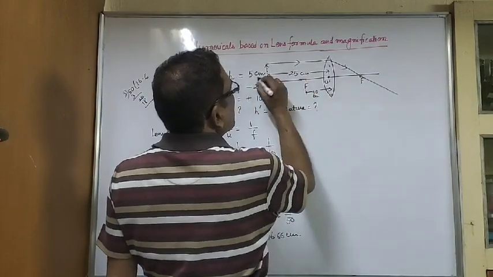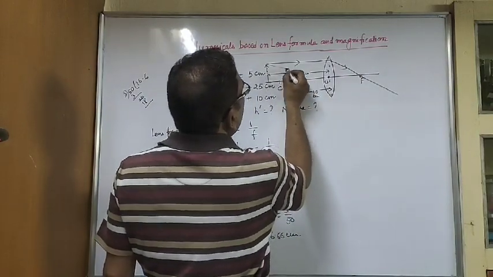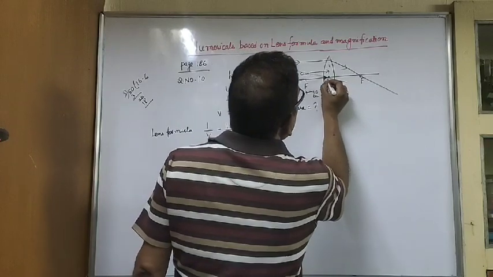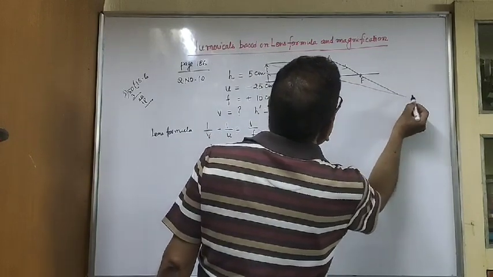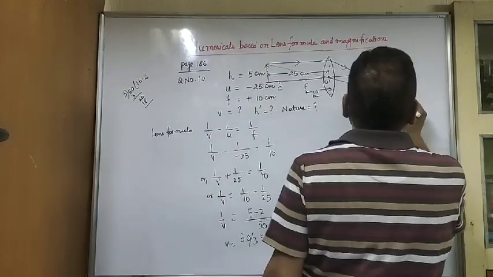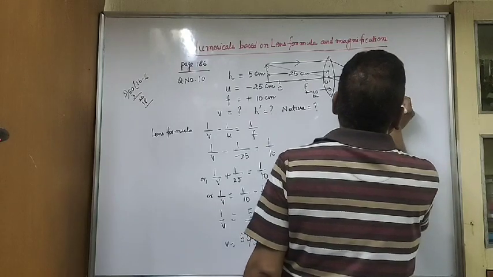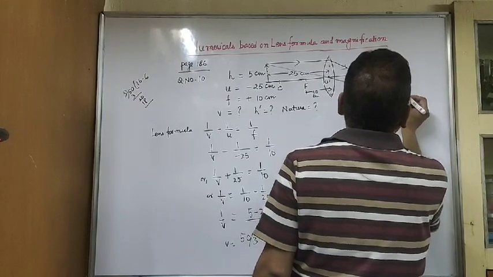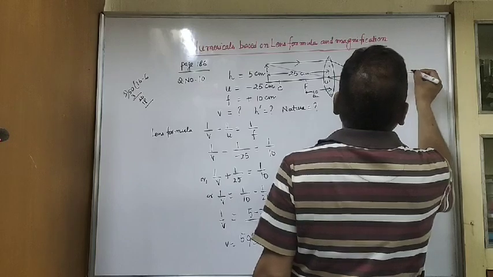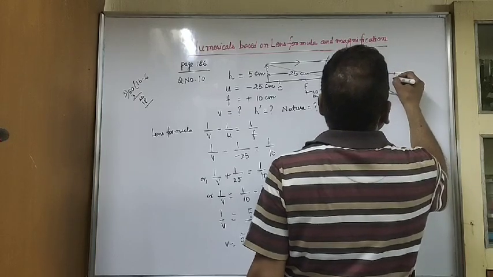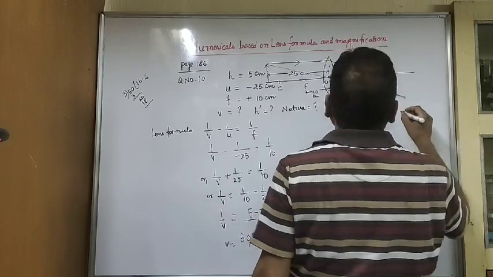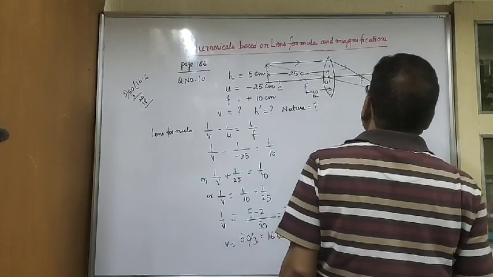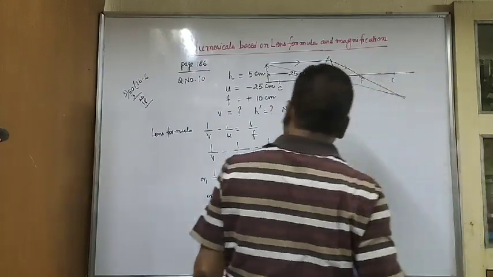Another ray we will take through optical center of the lens. So we will get an image somewhere here.